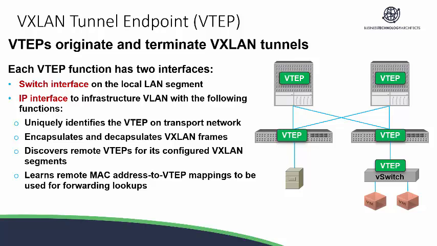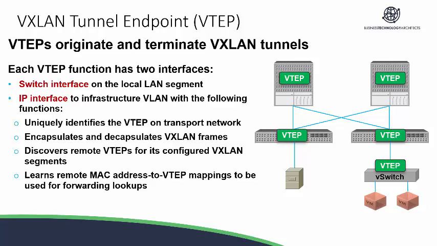It can be a switch interface on the local LAN segment, an IP interface to the infrastructure VLAN, and it will usually have the following functions. Every single device, a leaf, a spine, layer 2, layer 3, whatever, any EPG is going to have a VTEP assignment. So the switching takes place between VTEP to VTEP.